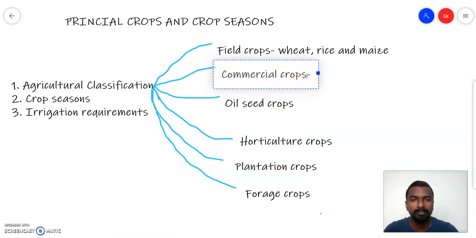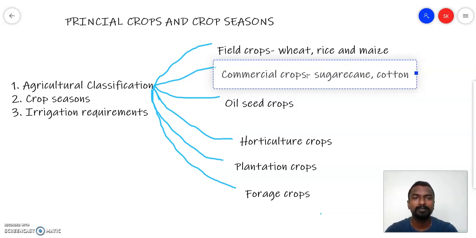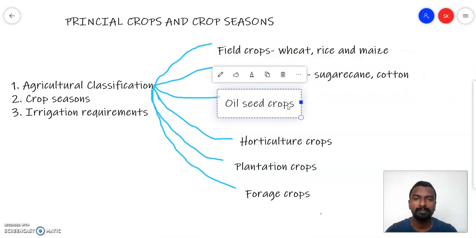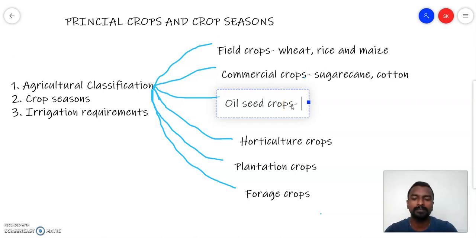In case of commercial crops, basically commercial crops can be the cash crops. In cash crops, we always take the first name as sugarcane. Then cotton also comes under these cash crops. And the second type is oilseed crops, the crops through which we can produce oil.